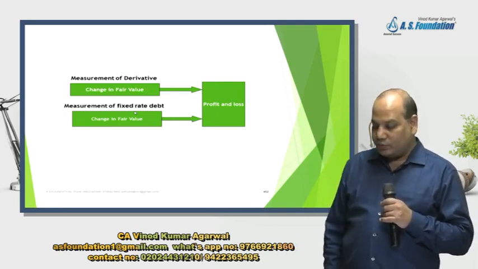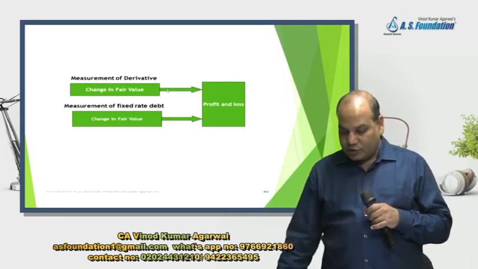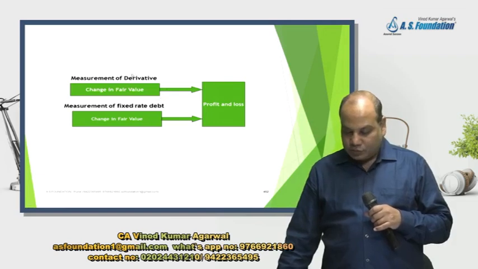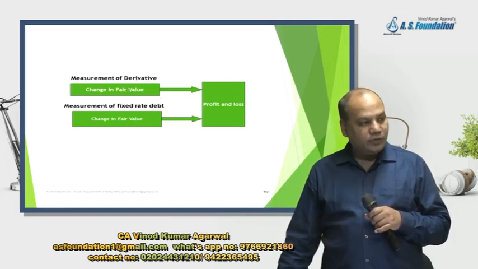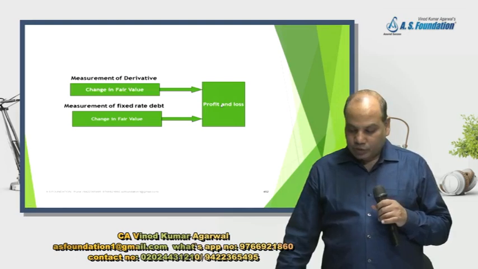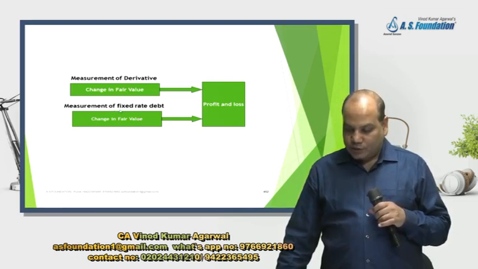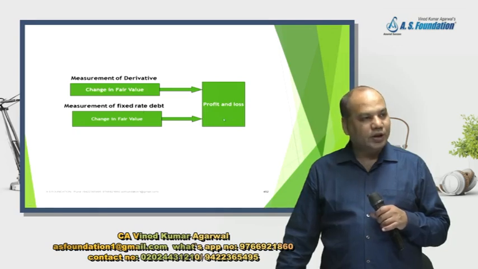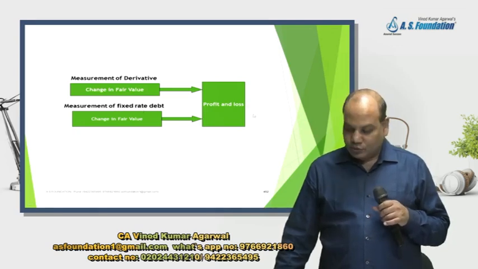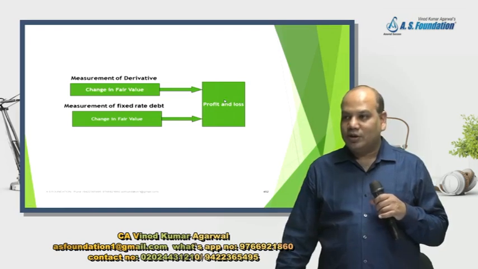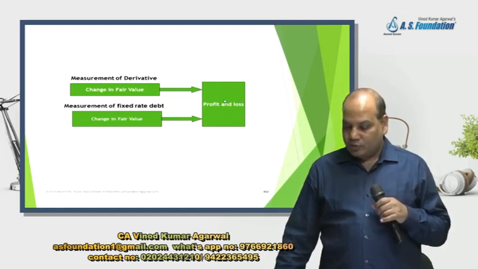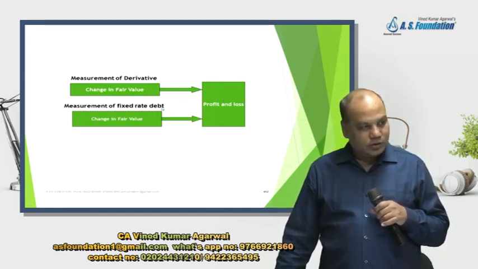Amortized cost category. The reason is that this diagram clarifies that change in fair value of derivative will go to P&L account, and in the same year the change in fair value of the fixed rate debt will also go to P&L account. So both will hit the P&L account in the same year. And what will happen if there is a loss in this?